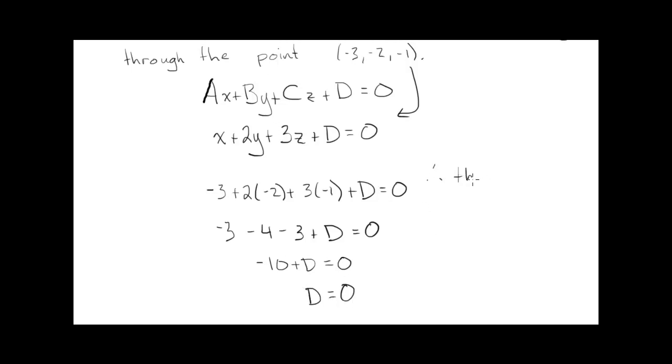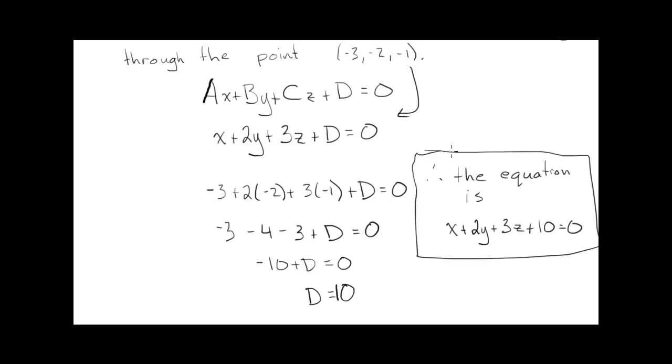Therefore, the equation is x plus 2y plus 3z plus 10 is equal to 0. So that's your scalar or Cartesian equation of the plane.